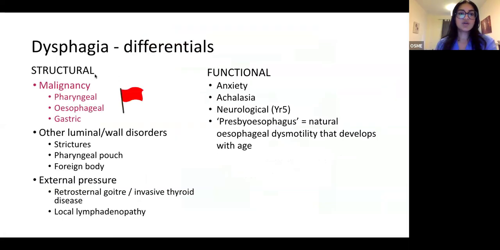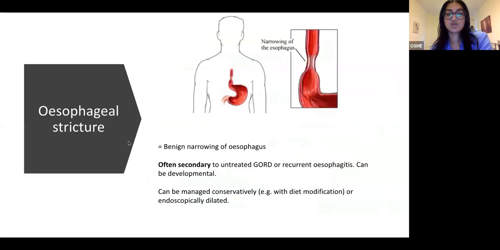So we have already covered structural differentials for dysphagia. The main ones you should be thinking about are malignancies, but there are a variety of other functional causes, or problems with the lumen of the esophagus, that you also have to know about. One is esophageal stricture, which is a narrowing of the esophagus.